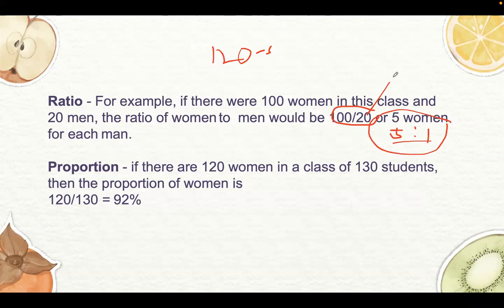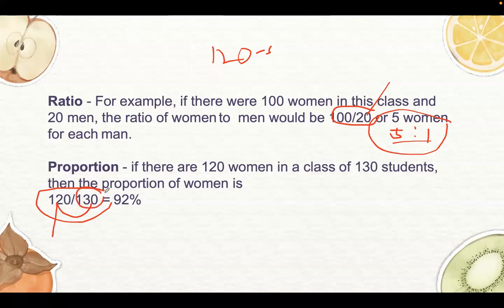Okay? Pag tinanong naman tayo, what is the proportion? If there are 120 women naman, for example, in a class of 130 students, then the proportion of women is 120 divided by 130. Ma'am, bakit ganon? Kasi po yung 120, this is the total number of women. Parte sila ng 130. Diba?